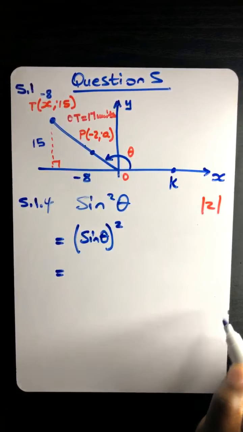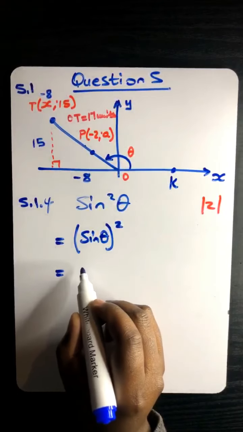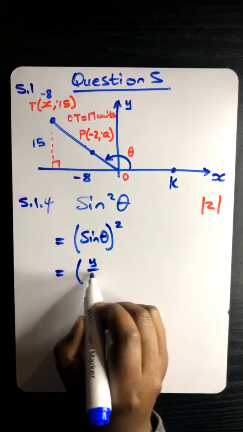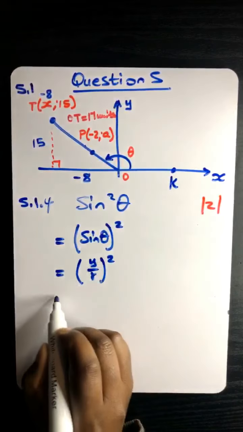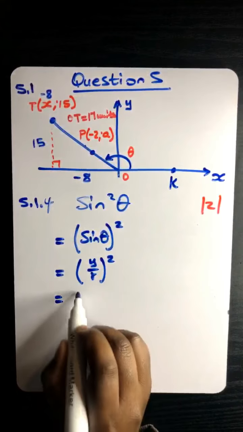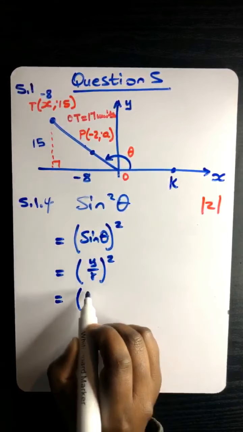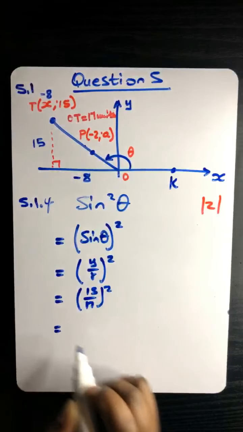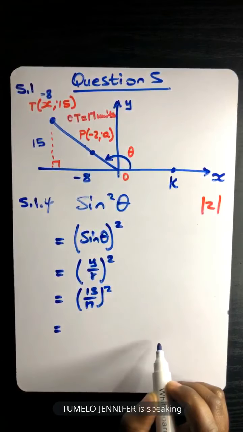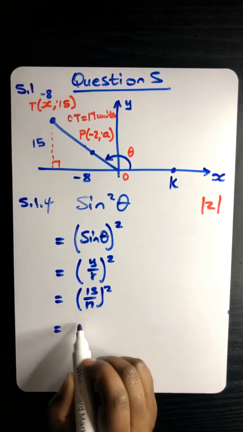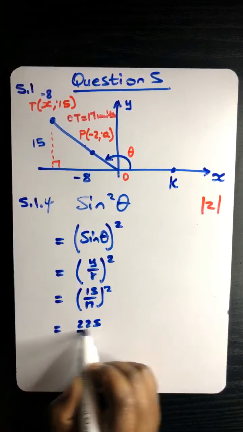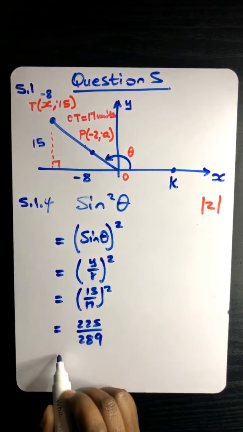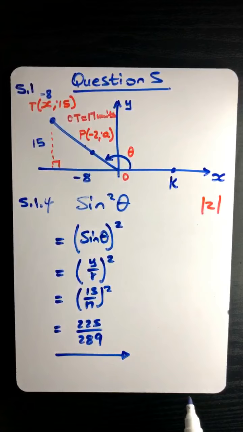Then sine is opposite over hypotenuse, which is y over r, close bracket squared. Then it equals 15 over 17 squared. Then the answer is 225 over 289. Yes. Do you guys agree with this calculation?